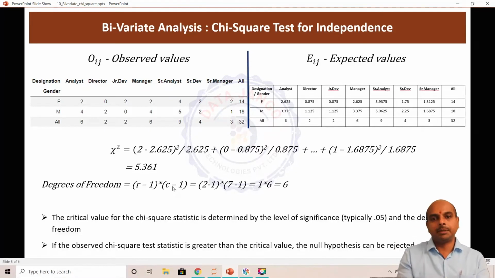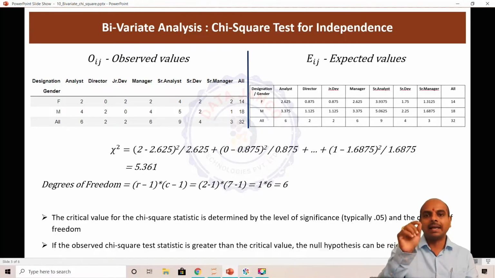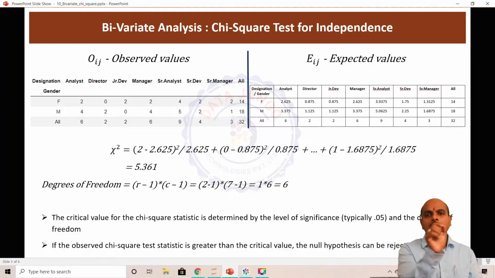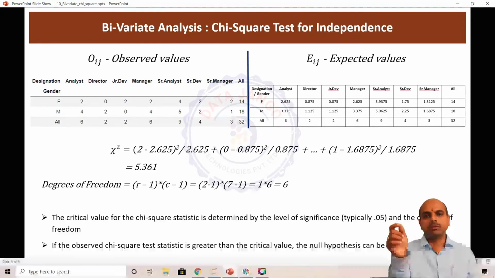Generally, if you are using only one column, and if the column has n number of values, n minus 1 is the degrees of freedom. Or if you are looking at only one row, and the row has m number of values, m minus 1 is the degrees of freedom.